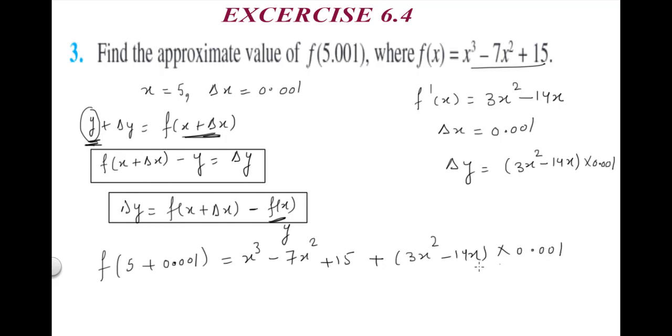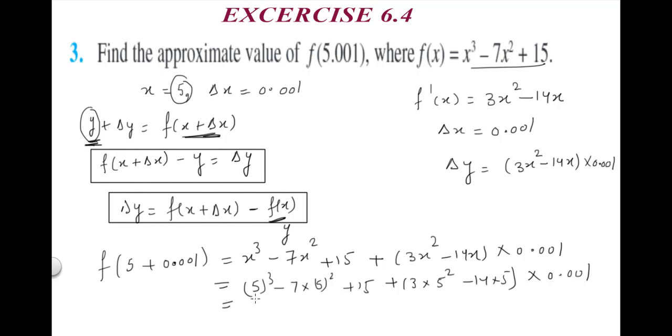Now instead of x, we have the value of x as 5. We will put that value here. So 5 cube minus 7 multiplied with 5 square plus 15 plus 3 into 5 square minus 14 into 5 multiplied with 0.001. So solving it, we will get minus 34.995. This will be your answer.